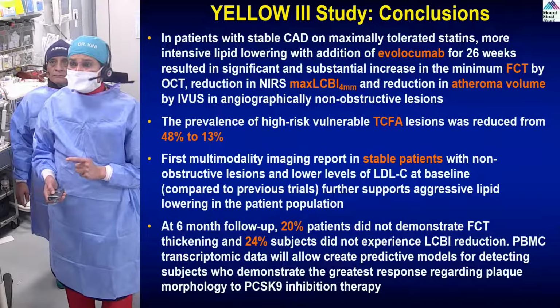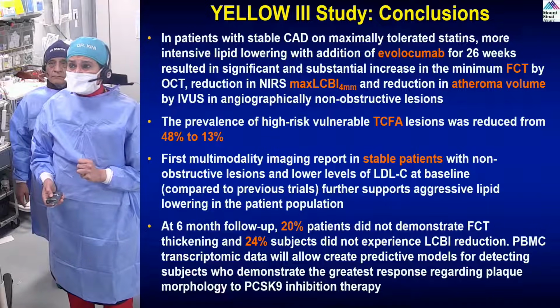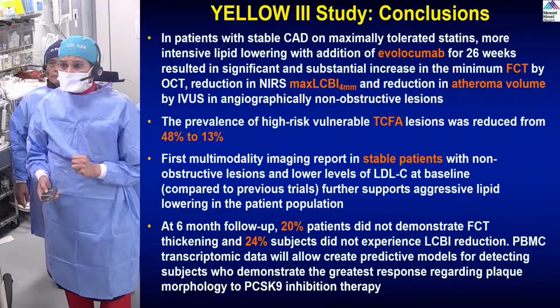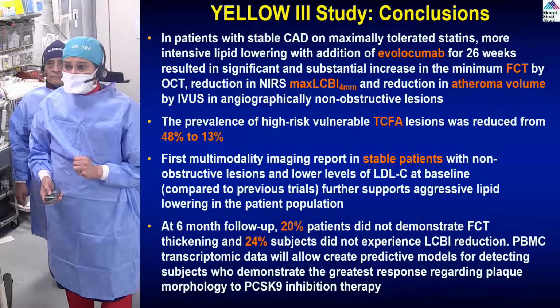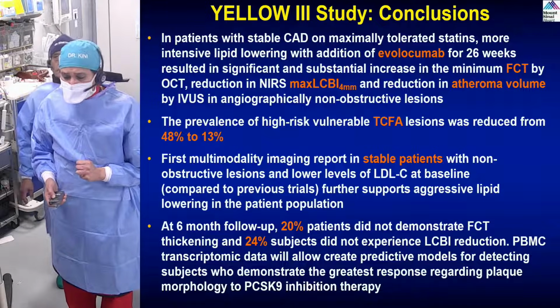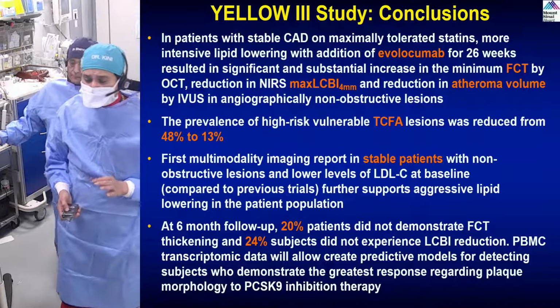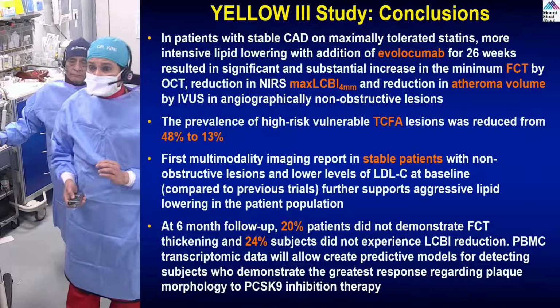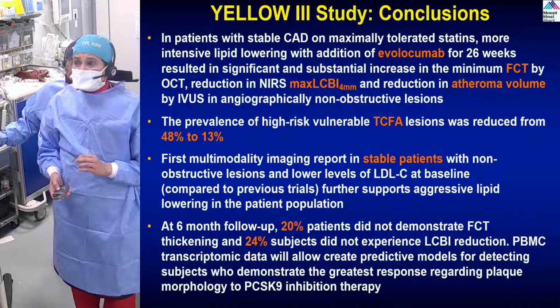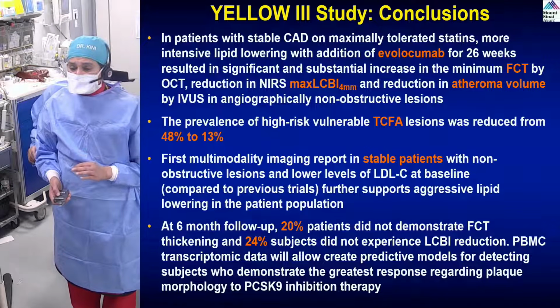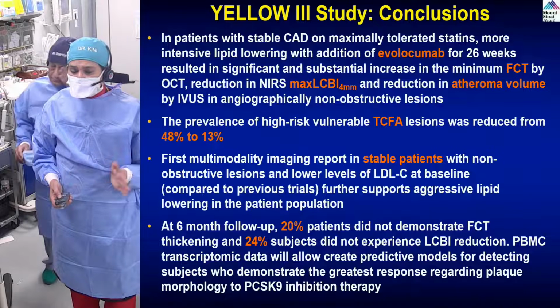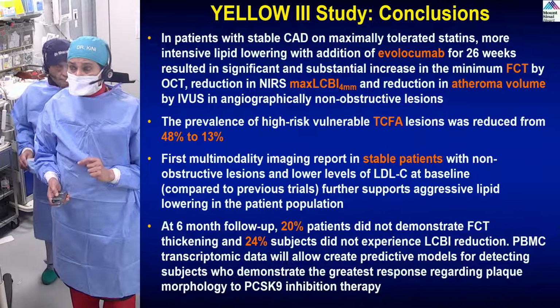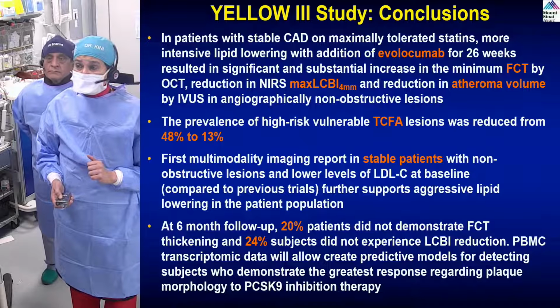At 6 months, 20% did not demonstrate a change in fibrous cap thickness, and 24% did not see any difference in LCBI reduction. So very important is the gene expression, which the data being analyzed right now will tell us: who are the responders and non-responders to statin from YELLOW 2, and in YELLOW 3 we will know responders and non-responders to PCSK9.